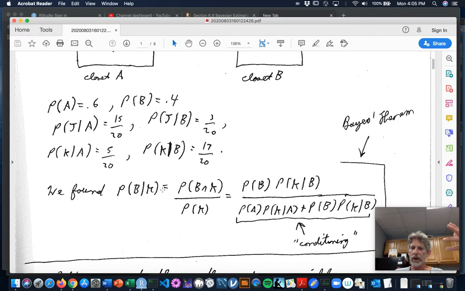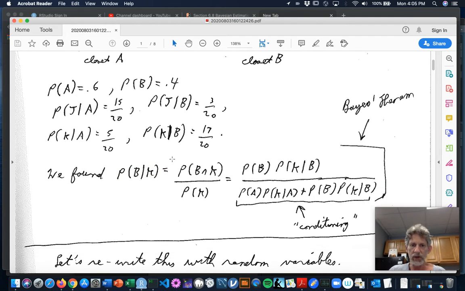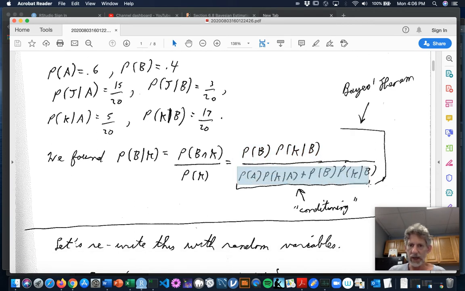And what if you're walking to school after having picked out your pants, you open your eyes, you look down, and you see that your pants are khakis. What's the chance they came from your roommate's closet? We needed the chance of B given K, and you remember what we did was we figured that using the definition of conditional probability, and then we used a version of the multiplication rule to write the top, and we used that conditioning technique to write out the probability of the khakis at the bottom.